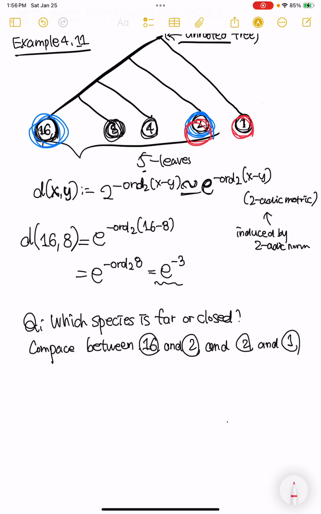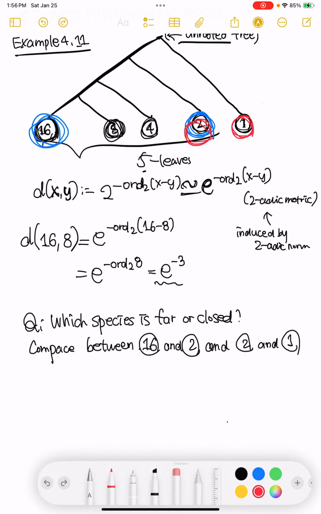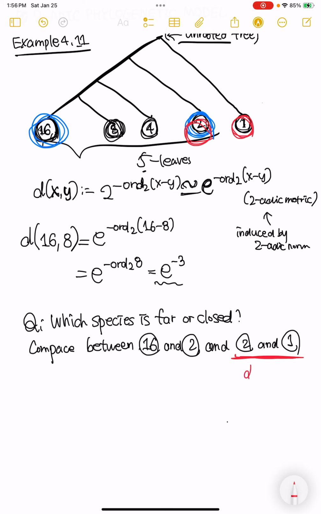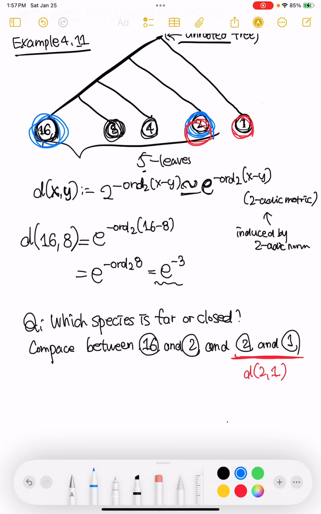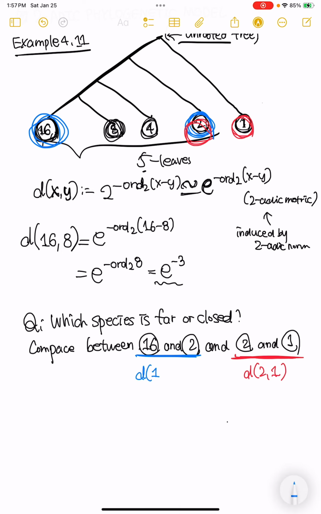So if we compute based on the two-adic distance, by computing the two species distance between 2 and 1 and 16 and 2, we can decide which species is closer, and based on this, which species is related.